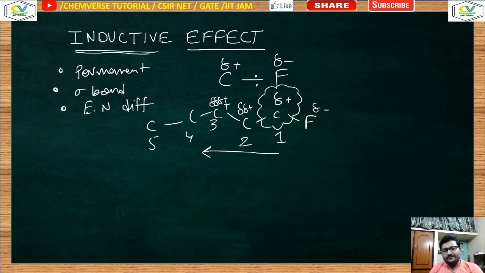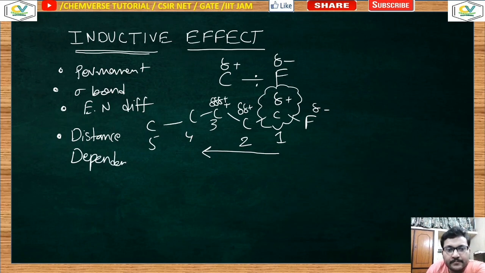But the amount of the delta positive charge is decreasing. So the inductive effect keeps on diminishing from one carbon to another. So this inductive effect is a distance dependent effect.